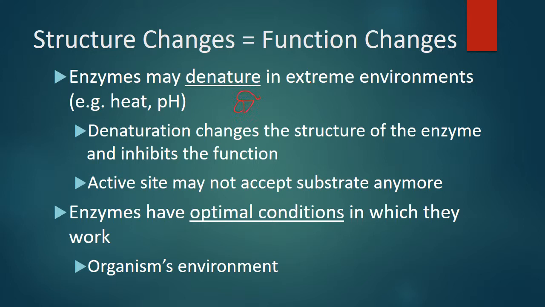So if we have this complicated enzyme, here's its polypeptide chain. When it denatures, you end up with something that is a different shape, and often it's just a chain of amino acids now. In high heat or low heat, or high pH or low pH, so extreme environments, it can denature.